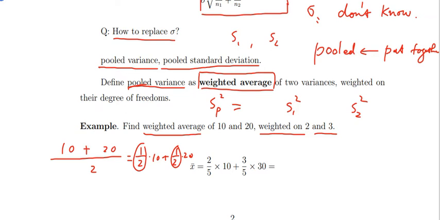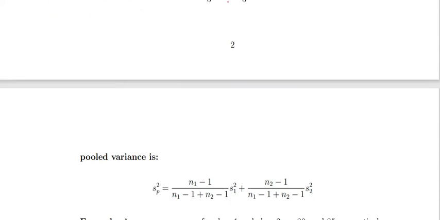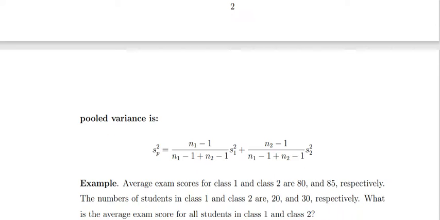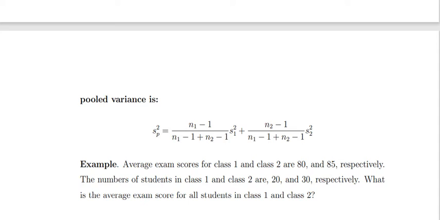The total weight is 5, so the average is 2 over 5 times 10 plus 3 over 5 times 20. This is the weighted average. So the pooled variance is also a weighted average, but weighted on what? Weighted on the degrees of freedom.